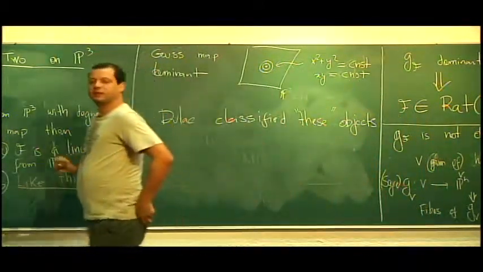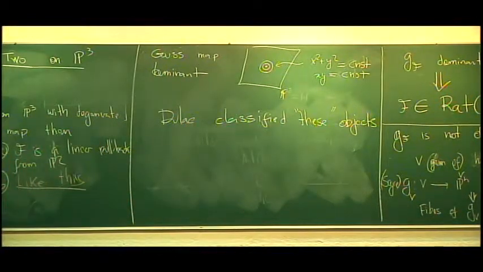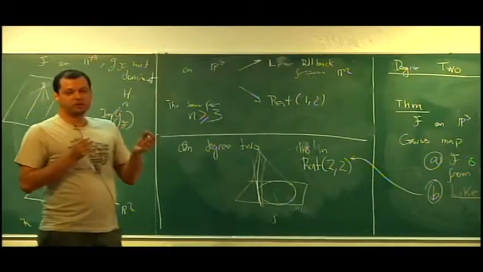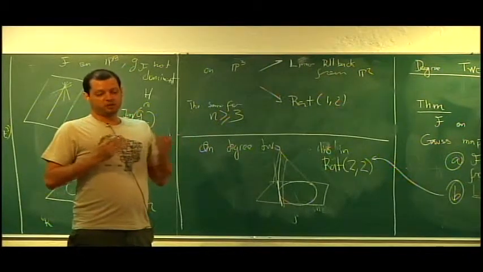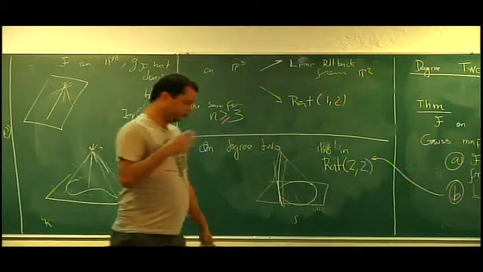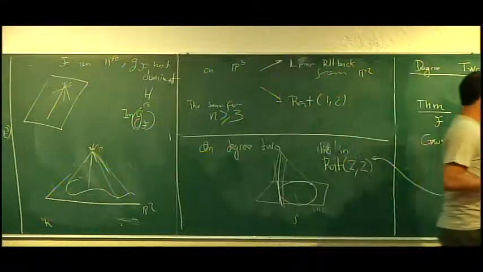Indeed, he did not classify these objects because he was not worried about foliations on P2. He was worried about differential equations on C2. And there was a small discrepancy according to degrees, let's say.